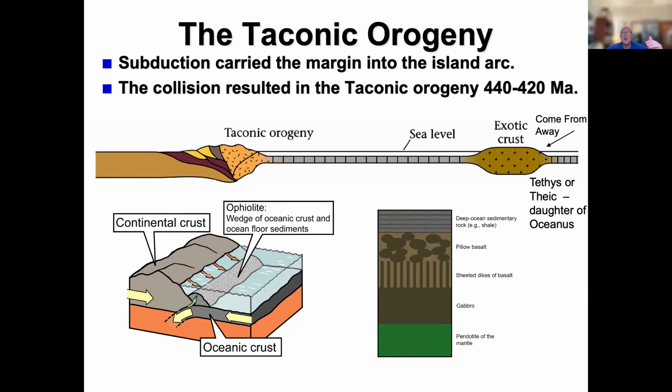And so we call this an ophiolitic sequence. And if we see these, then they could be representative of a piece of that Iapetus lithosphere, or some other oceanic lithosphere if we were in other parts of the world.